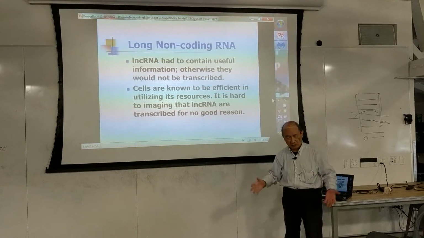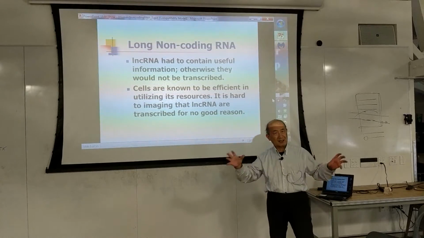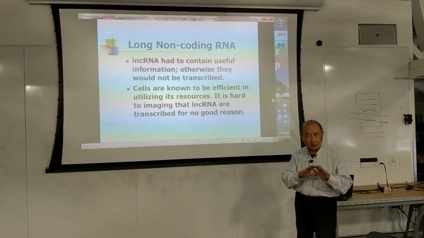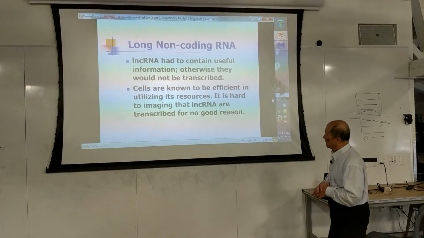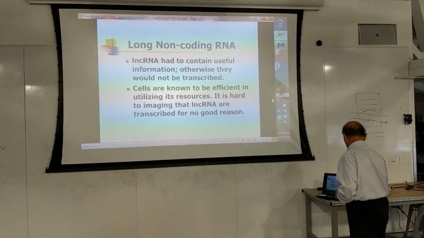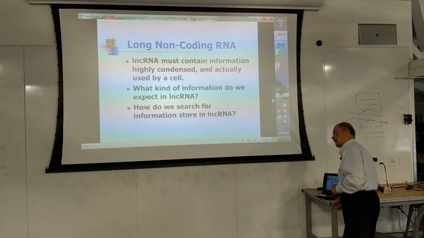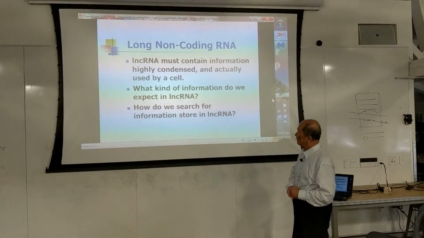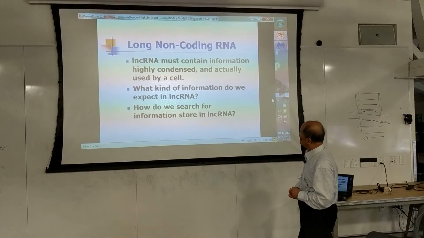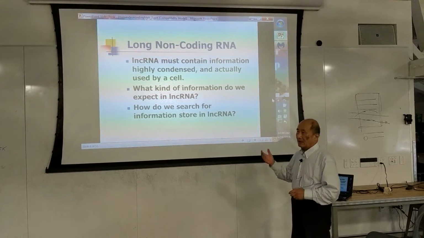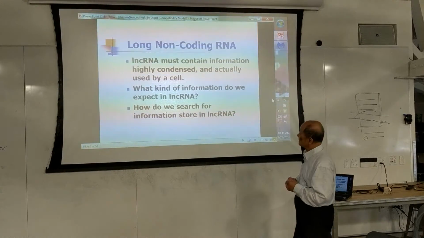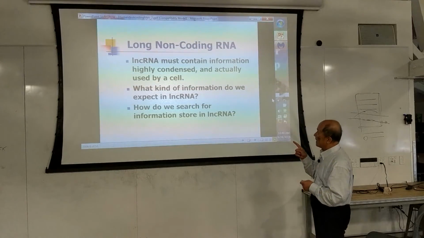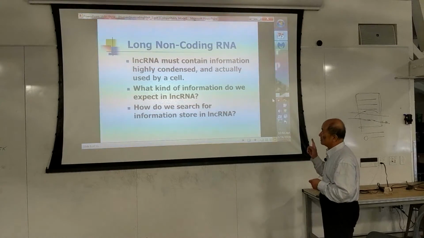All these things are very efficient. So it is hard to imagine that cells are transcribing long non-coding RNAs for no good reason. So my thinking is that long non-coding RNA must contain information, highly condensed, and actually used by the cell.